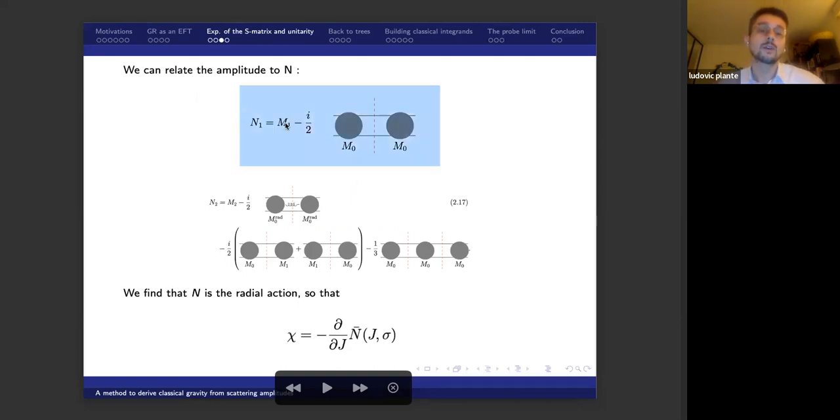You can ask why is it helpful? As I told you before, M1 at one loop in the soft expansion goes as 1 over q square, and the classical term is at 1 over q. So you have a superclassical term to cancel in M1. But in fact, if you count the order of q here, M0 is of order 1 over q square, so it's 1 over q to the 4.